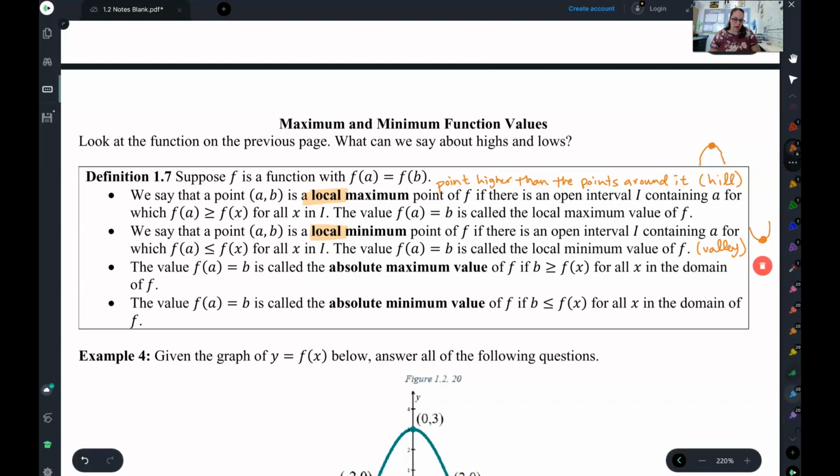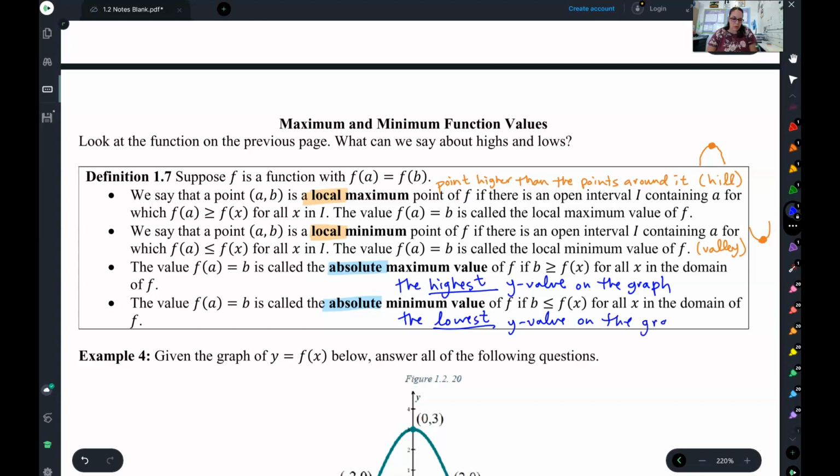Now, compare that to an absolute maximum. An absolute maximum is absolutely the highest point on the graph. The highest. And when I say point, I don't really mean point. We usually do y values. The highest y value on the graph. And same thing for an absolute minimum is the absolute lowest y value on the graph. So, something to note.